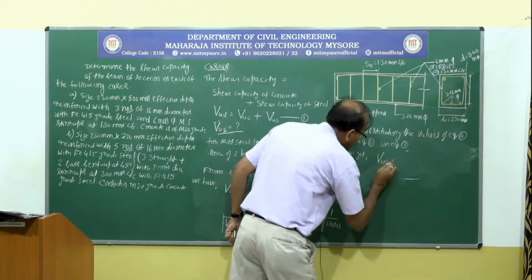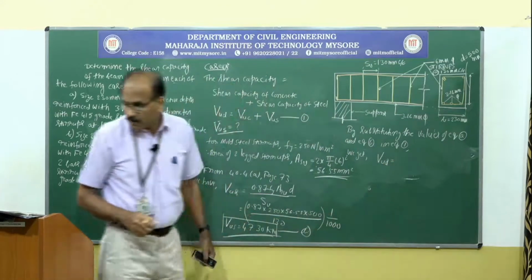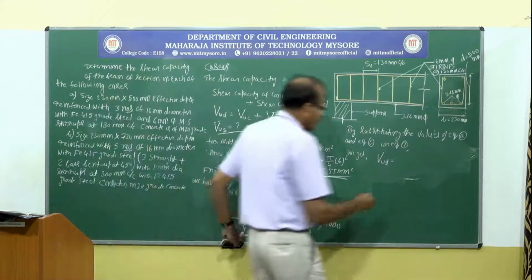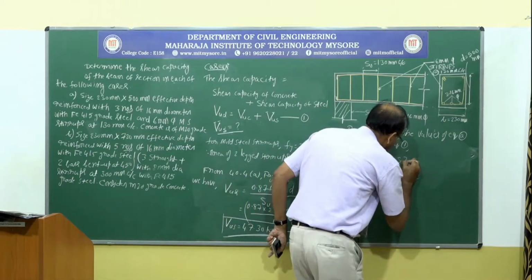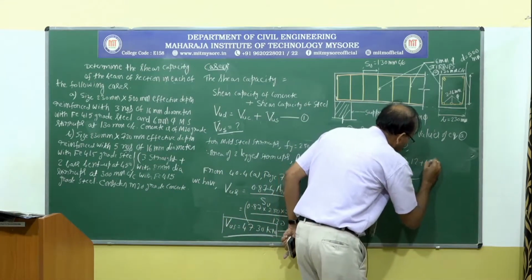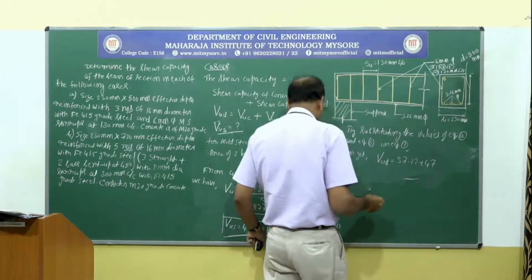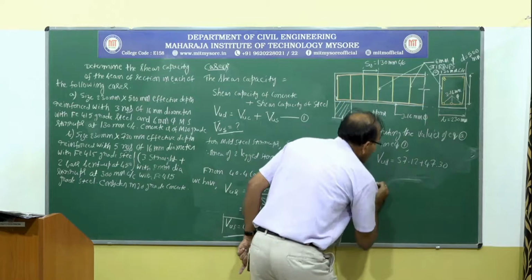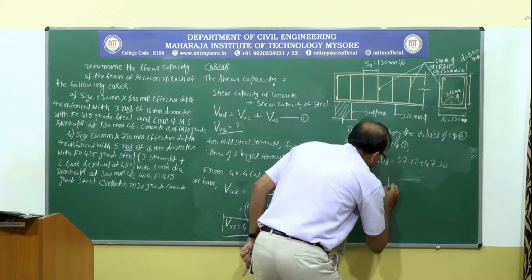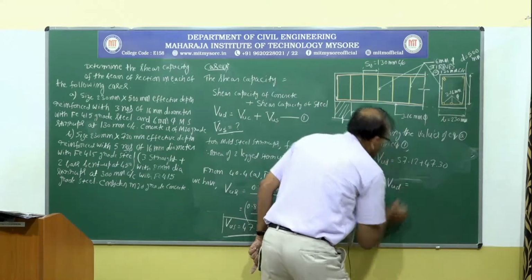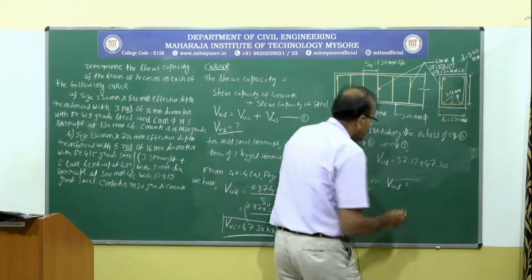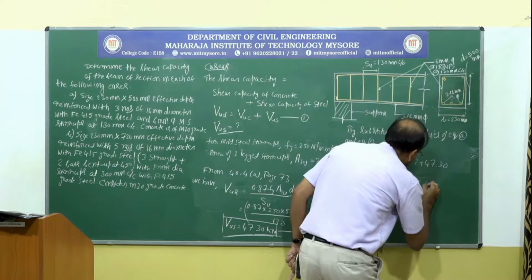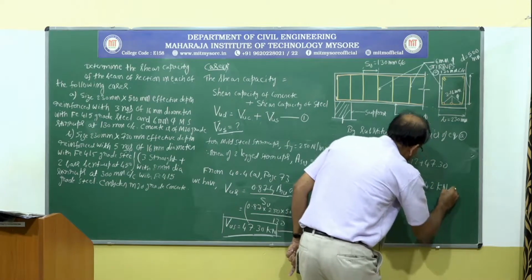VUD equal to 56.12 and 47.30, that is VUD equal to 104.42 kilonewton.